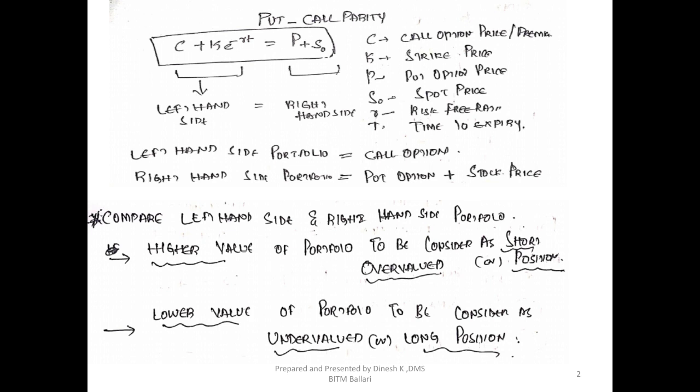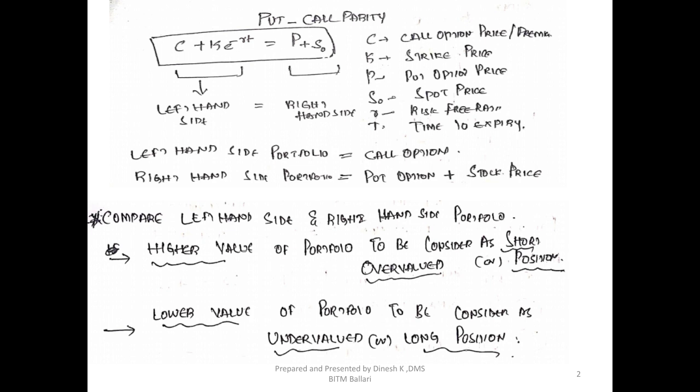Fine. So I take the left hand side portfolio as a call option, which has only one call, right? And the right hand side portfolio has the put and the spot price. Then I need to compare the two. The comparison is done to take an action, whether it is overvalued or undervalued. Compare the left and right portfolios and see which portfolio has a higher value compared to the other.